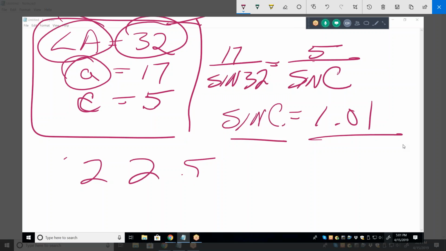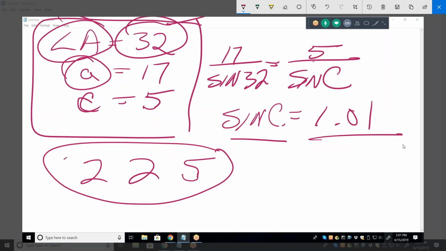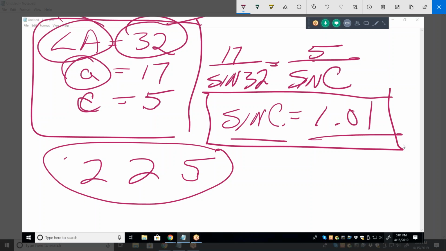And you would know that from that basic rule that says any side of a triangle has to be less than the sum of the other two sides or greater than the difference. Well, 5 is not less than the sum of 2 plus 2. So if I gave you this triangle and said solve it, you would have ended up getting something like this. You would have gotten the sine of an angle is greater than 1. And that tells you that that's an impossible triangle.